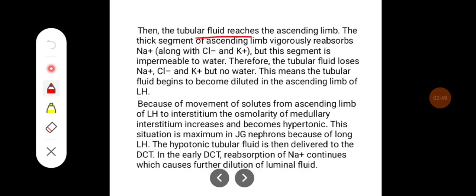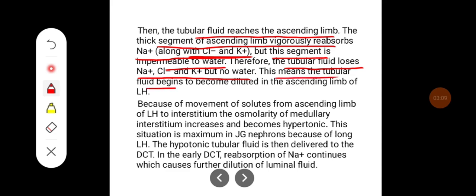Then the tubular fluid reaches the ascending limb. The thick segment of the ascending limb vigorously reabsorbs sodium along with chloride and potassium, but this segment is impermeable to water. Therefore, the tubular fluid loses sodium, chloride and potassium but no water. This means the tubular fluid begins to become diluted in the ascending limb of the loop of Henle.